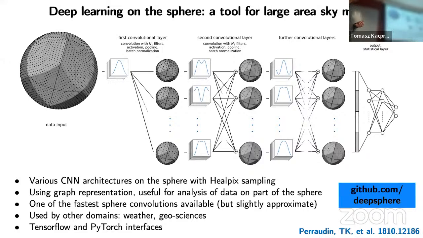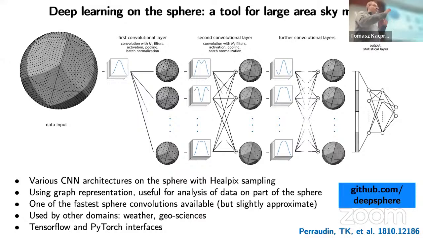Indeed, we processed the data through neural nets, but these neural nets were done on the sphere. So we actually wrote a dedicated algorithm for making machine learning happen on the HEALPix grid. If you're interested in that, there's public code called DeepSphere. It was a collaboration with the Swiss Data Science Center, where we represent the HEALPix map as a graph.